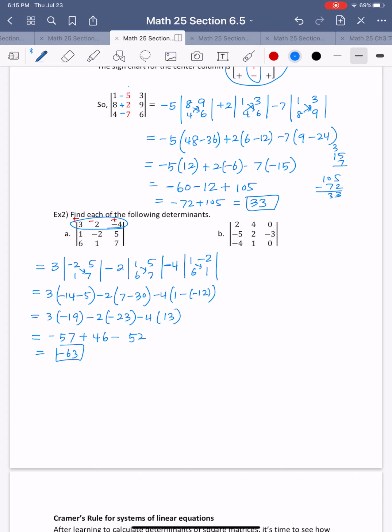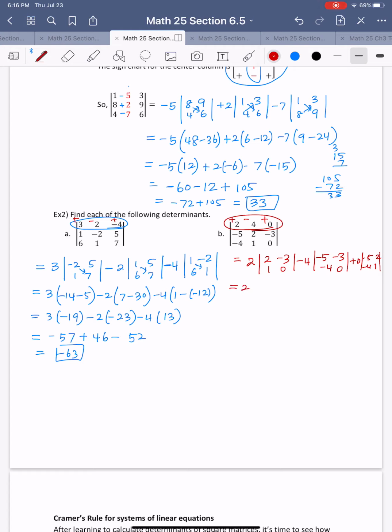Okay, now I'm using the first row too. So this is going to be positive, negative, positive, right? So as 2, the minor is 2, negative 3, 1, 0, minus 4 of negative 5, negative 3, negative 4, 1, 0. And then as a 0, I got negative 5, 2, negative 4, 1, but I don't need to worry about that.